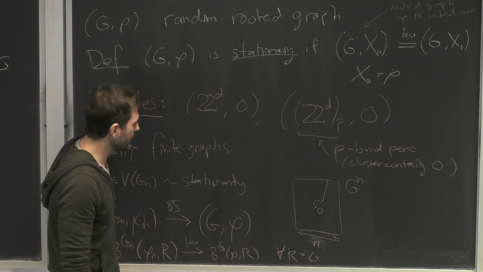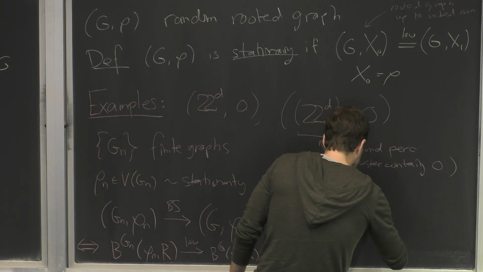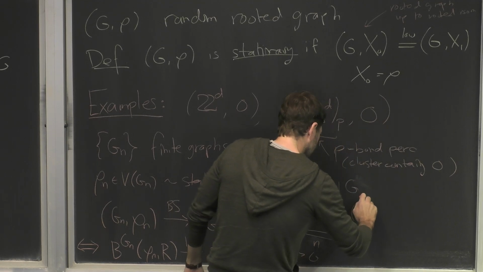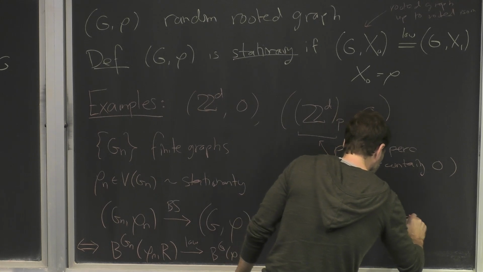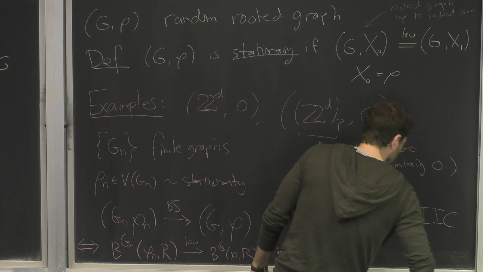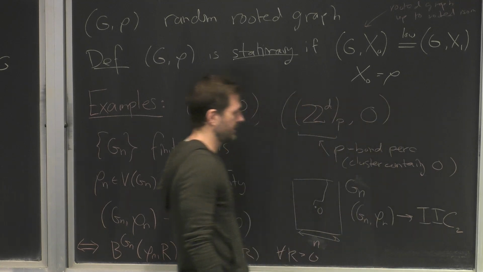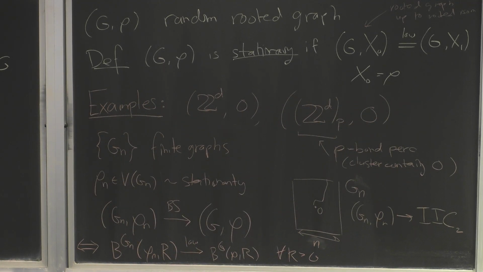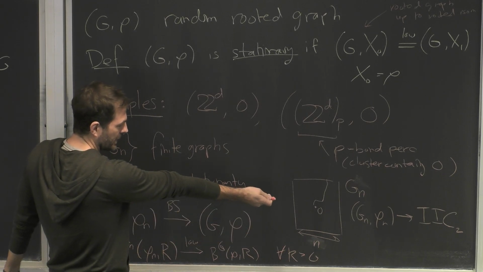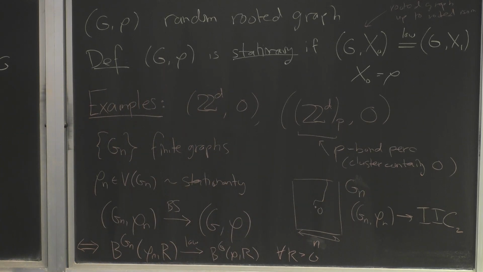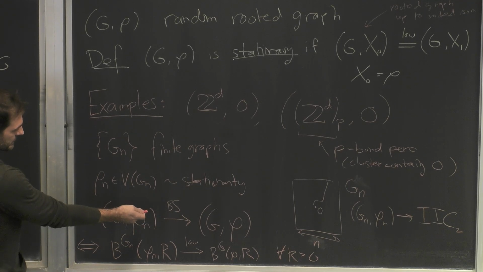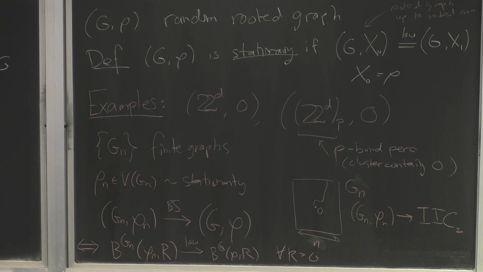Now if you take n going to infinity, this in fact converges to the incipient infinite cluster in dimension 2. This is not how Kesten defined it. Actually, this is from a later paper of Jarai, who showed that this retrieves the IIC. But this is another way of getting such graphs by taking Benjamini-Schramm limits of finite graphs.